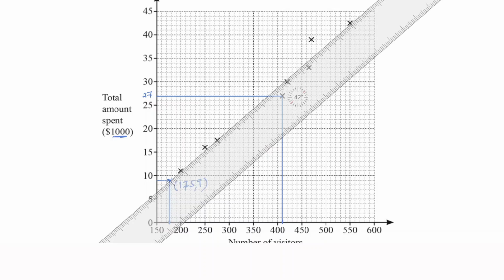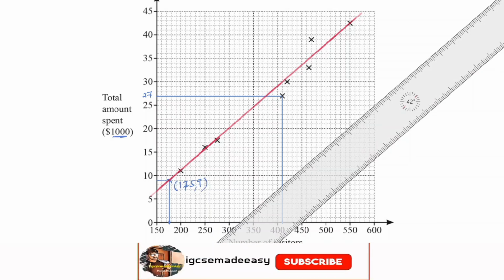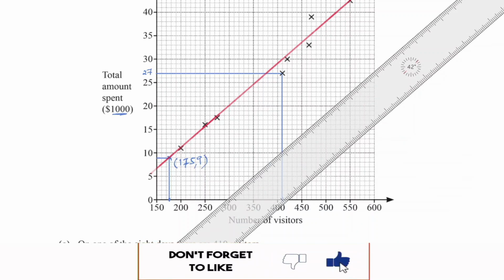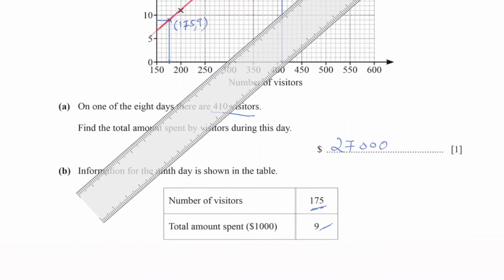So we can draw it here also. Your answer may vary because the line of best fit changes, and I am just drawing with another color pen. So this is the line of best fit. For me it may change, for you also. I'm just trying to make the points distributed equally.